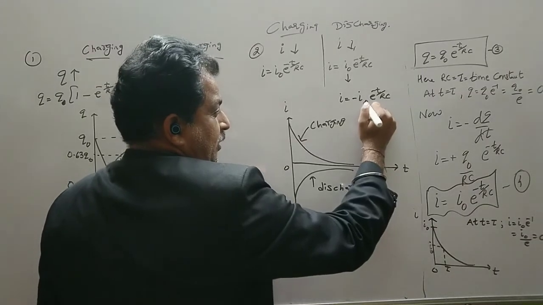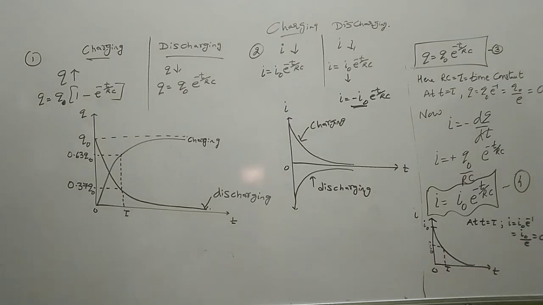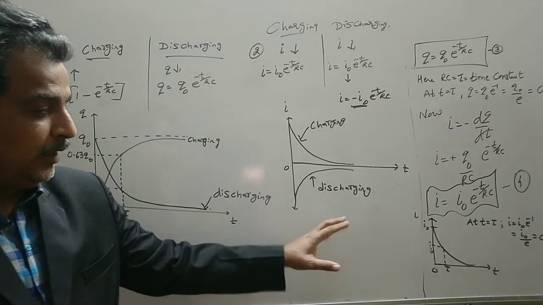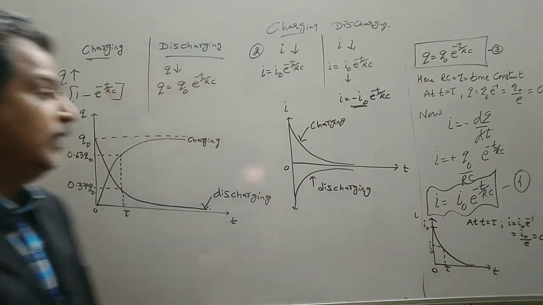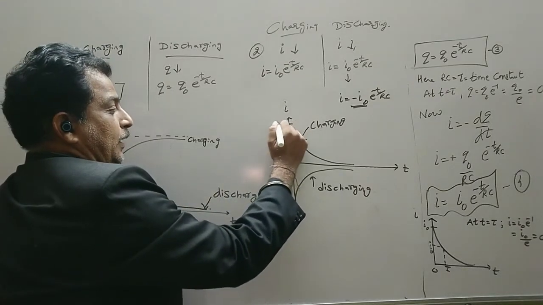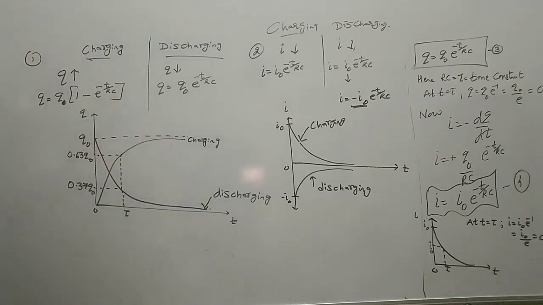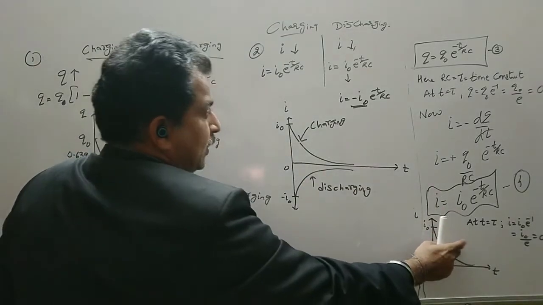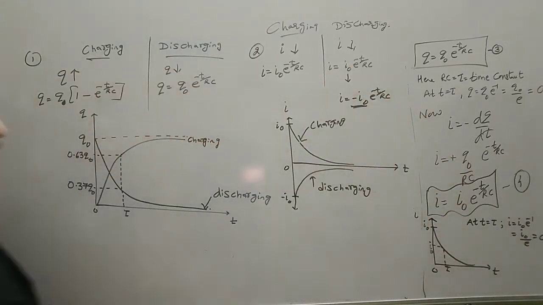So if I consider this minus sign, I will draw the graph along the negative y-axis or in this plane. Otherwise, if it is plus sign, the nature of the graph is same. This is your I naught. In this case, you can say it is minus I naught. So in some books, you can see the graph like this also. Otherwise, if you consider both signs same, then the graph remains same.